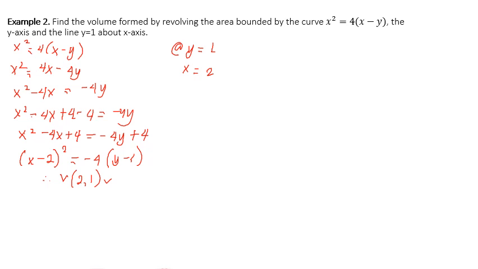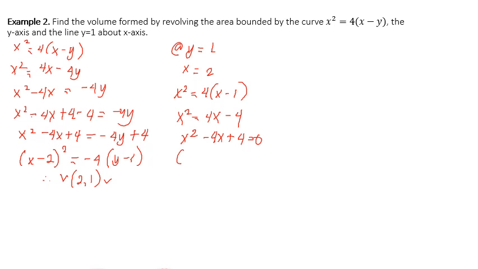We need to substitute the value of y into the equation of the parabola. So we have y equals 1, so x squared is equal to 4 times x minus 1. So you have x squared is equal to 4x minus 4. Transpose this, so we will have x squared minus 4x plus 4 is equal to 0.